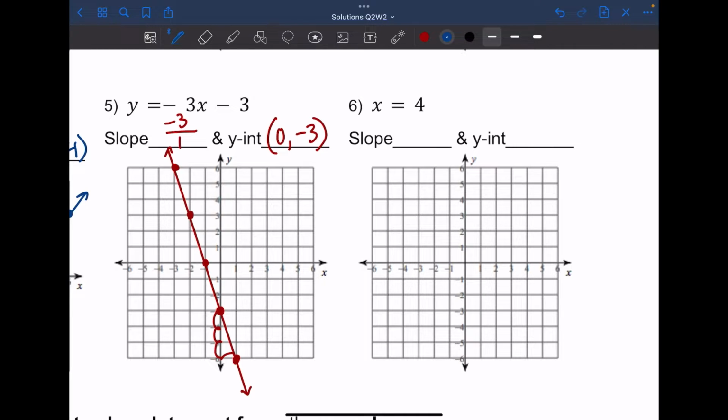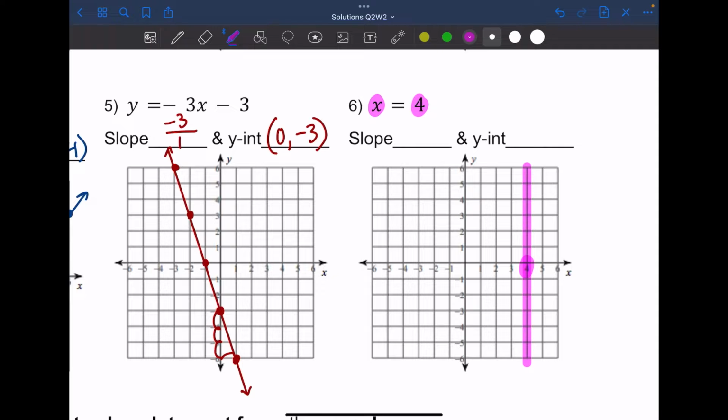So let me just plot 4 for x. I'll use my pink highlighter here. So if x is going to be 4, I'm going to highlight 4 here on the x-axis. And this vertical line is actually where all of the x values are going to be 4.